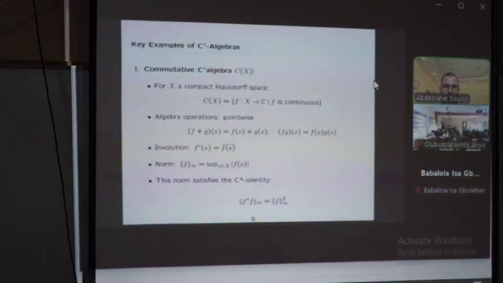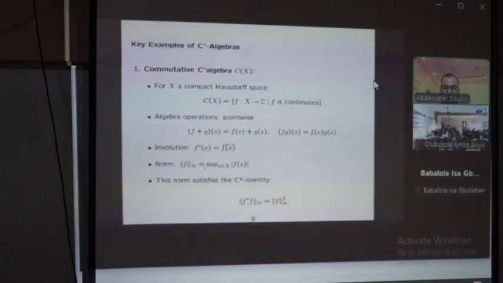Here we give some examples. In the commutative case, the C-star algebra can be identified to the commutative C-star algebra of continuous maps on a compact Hausdorff space X for the usual operations, the addition and the multiplication, and here the involution is just the complex conjugate of functions f.